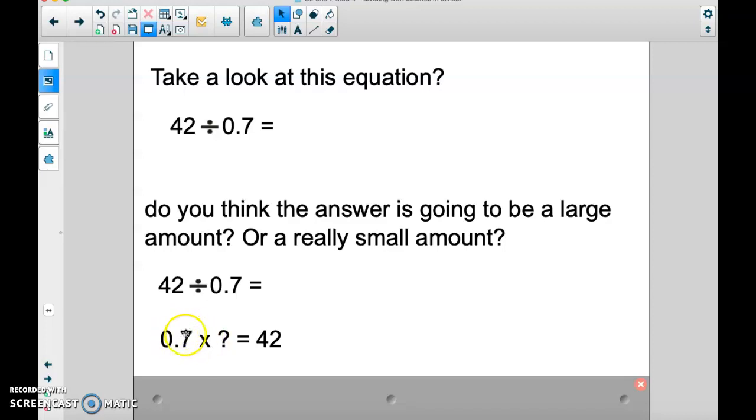So to multiply something by 0 and 7 tenths and still get 42 wholes, that missing factor is going to have to be pretty big, so that when we multiply by 0 and 7 tenths, it can get up to 42. So I think the answer to this is going to be really big.